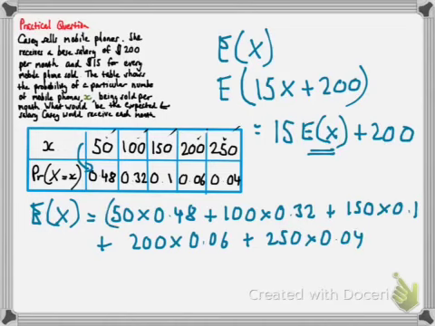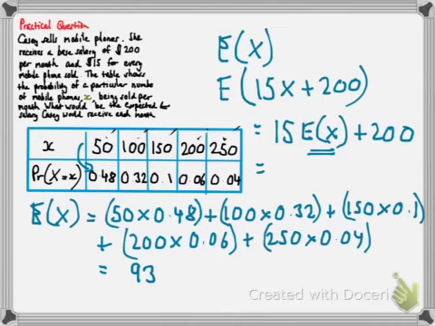It's sometimes a good idea, to make things clear, to bracket those, like so. Let's work that out. If we calculate that, it works out as a nice even number. It's 93.